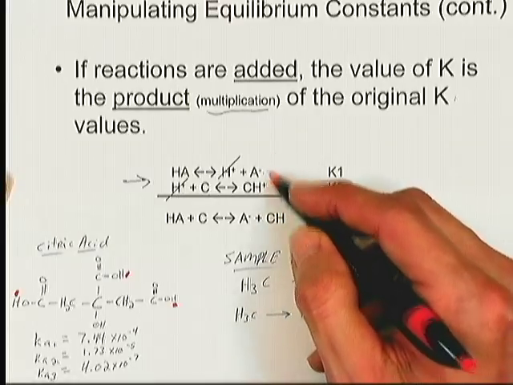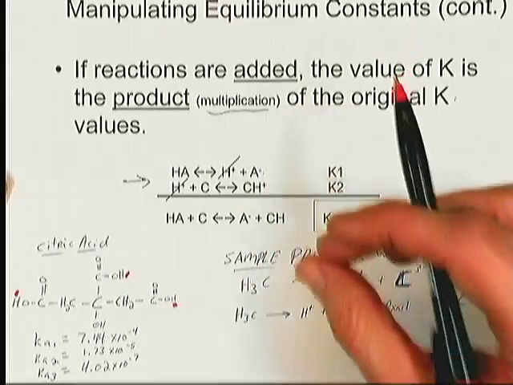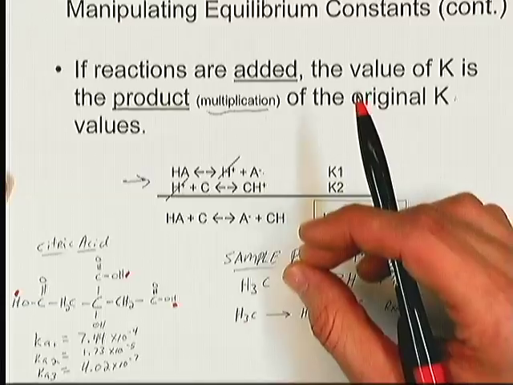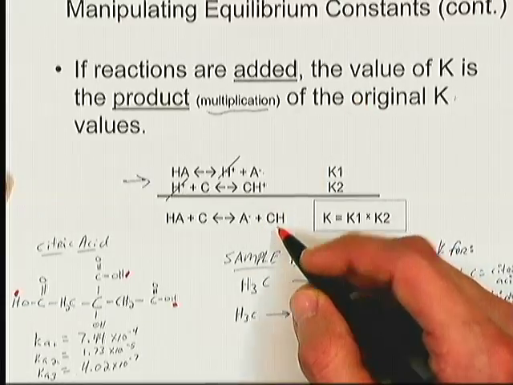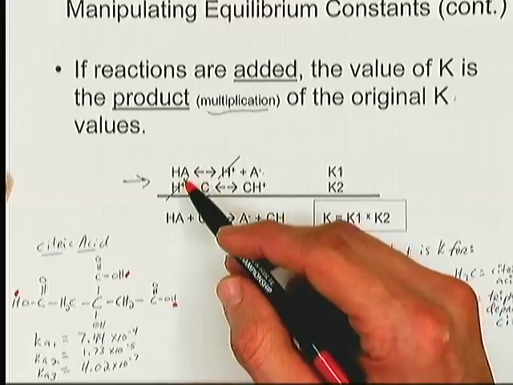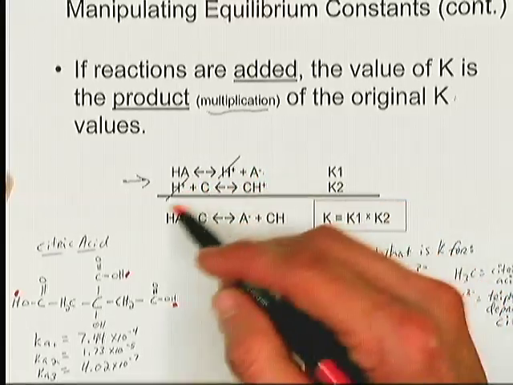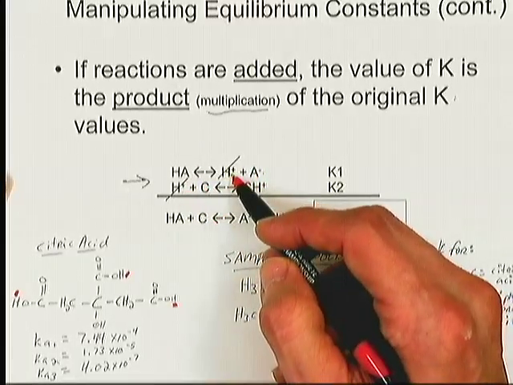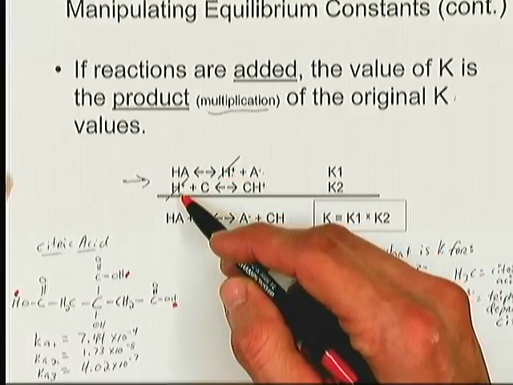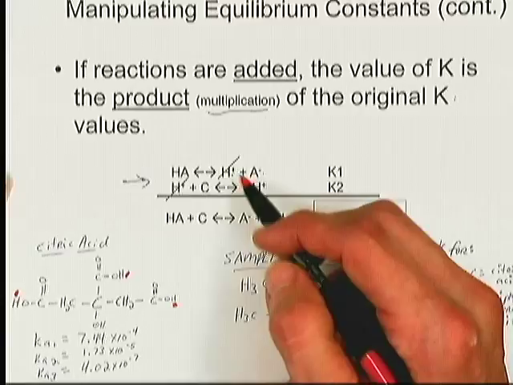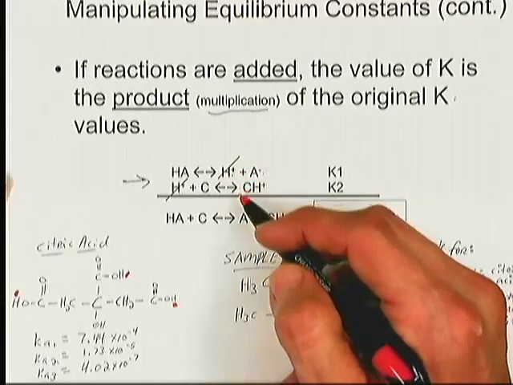Now, if I want to take these two reactions and combine them or add them together, I can do that to generate a third reaction. That's shown down here at the bottom. What I mean by that is I look for substances that appear on both sides of the arrows. Like for instance, this H plus here and H plus here. There's one on the right, there's one on the left. So they kind of cancel each other out. There's no net change in H plus when I add these together.